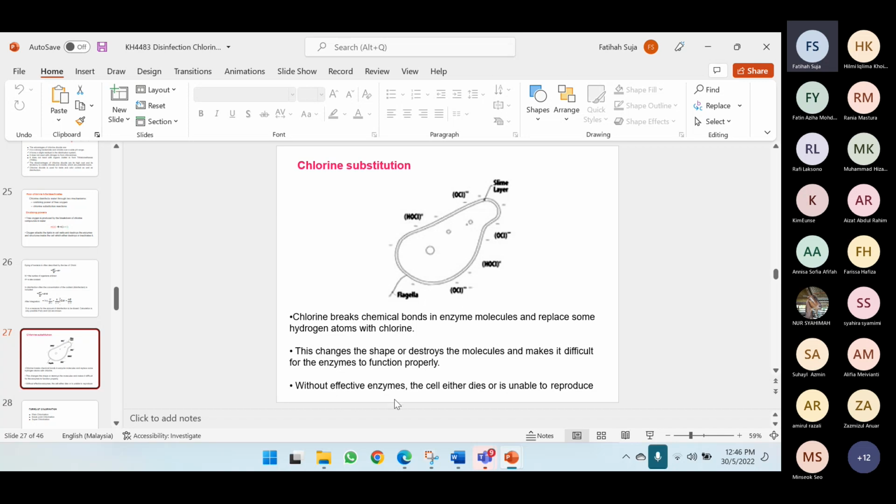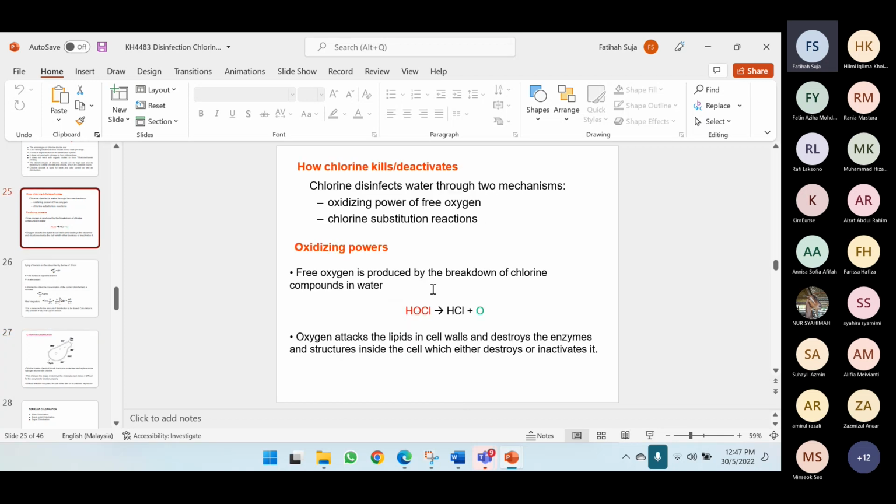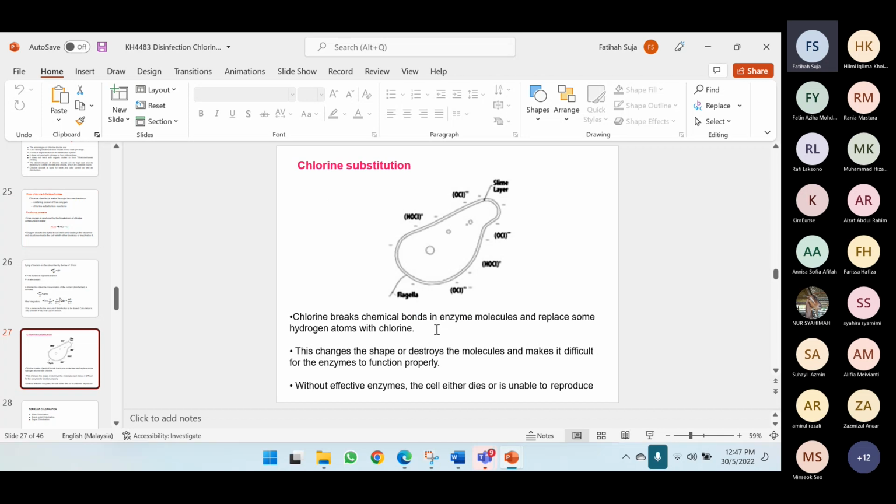Without effective enzymes, the cell either dies or is unable to reproduce. So based on the oxidizing power of the free oxygen that attacks the lipid cell wall, and the replacement of chlorine in the chemical bonds in enzyme molecules, the microorganisms become inactivated.